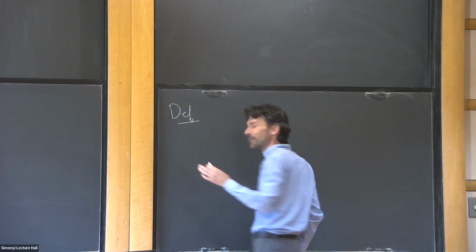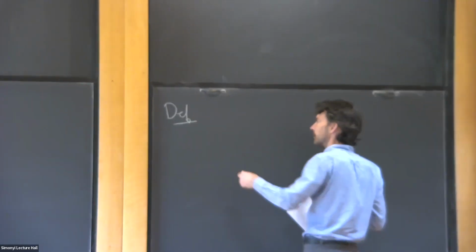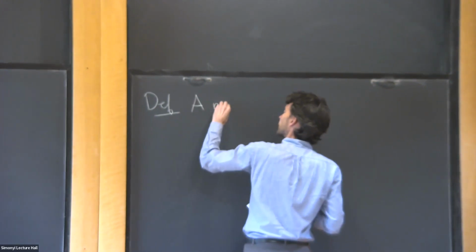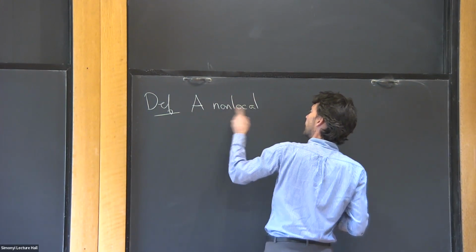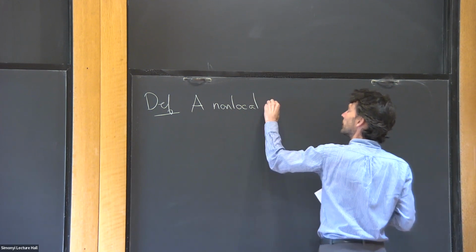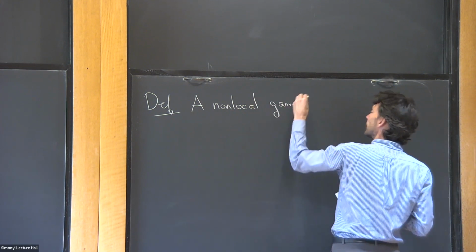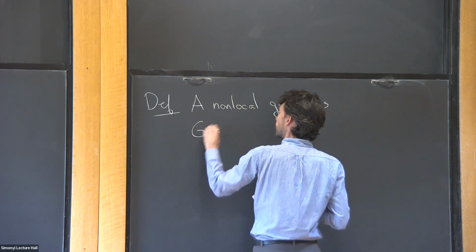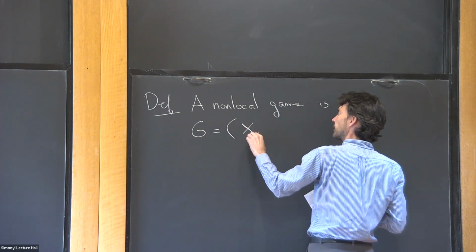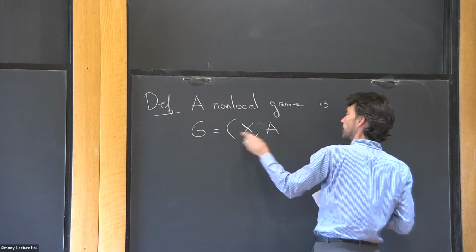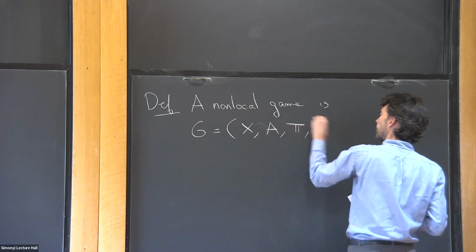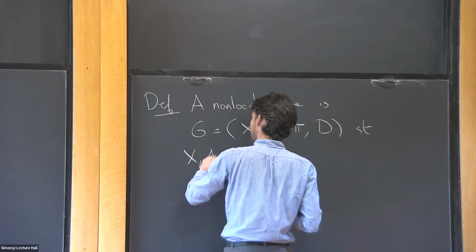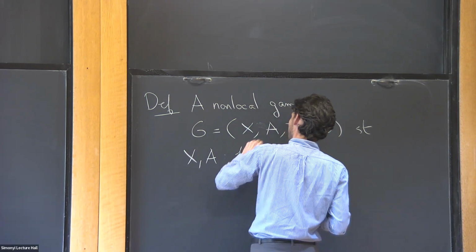So I'll first give the definition, and then I'll give an example. A non-local game, non-local is the term that comes from quantum information. In computer science, they're called just two-player games. A non-local game G is just a tuple of 4 things. So X, A, these are finite sets.